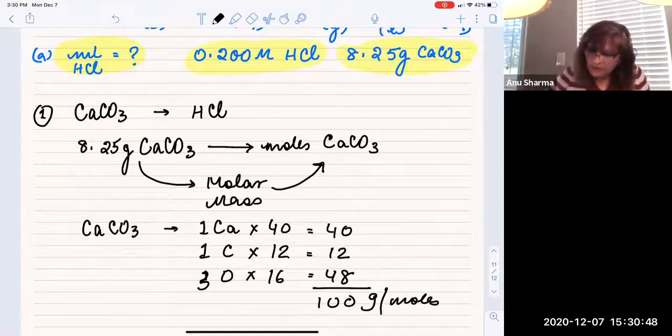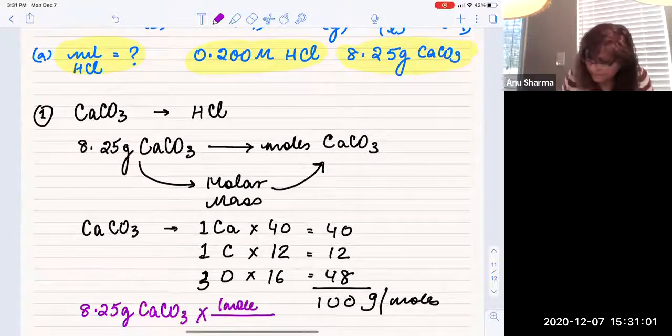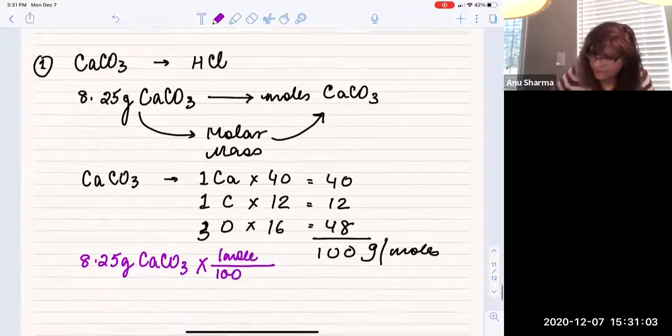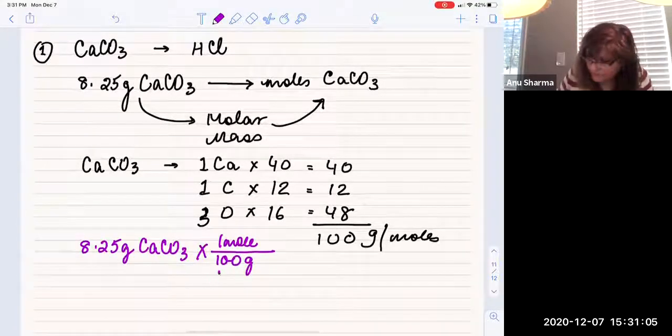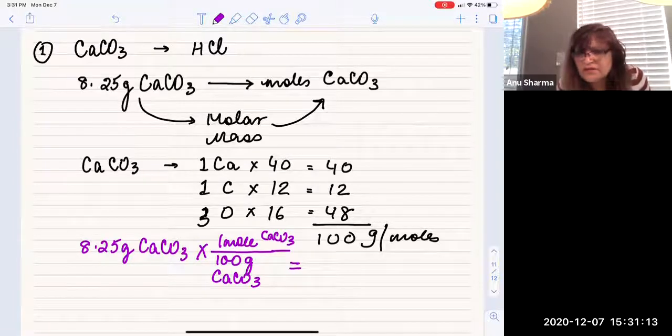Okay, so do this: 8.25 divided by 100 equals 0.08... 0.082 grams.